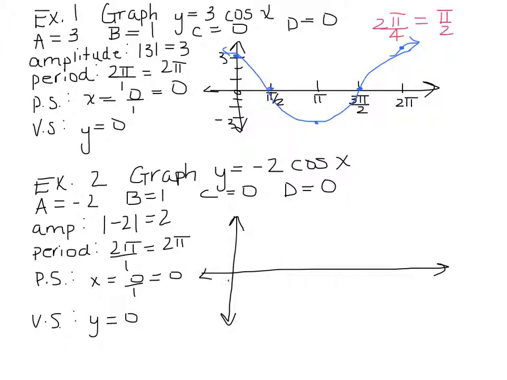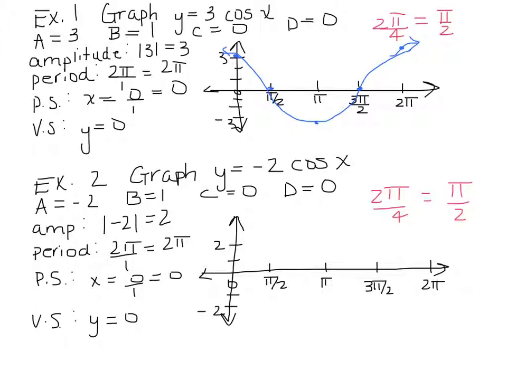My starting point is 0. Max is 2. Min is negative 2. Take your period, we divide it into fourths. Just like the previous example, we're adding 1 pi over 2. So that's 1 pi over 2, 2 pi over 2, 3 pi over 2, 4 pi over 2, which is 2 pi.